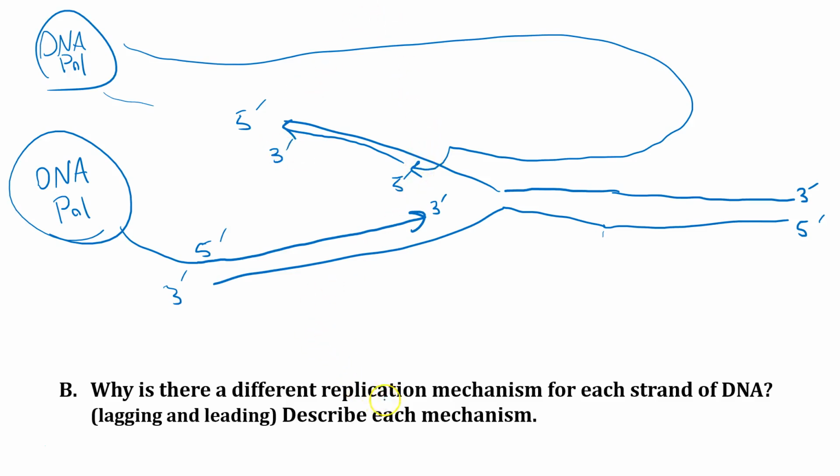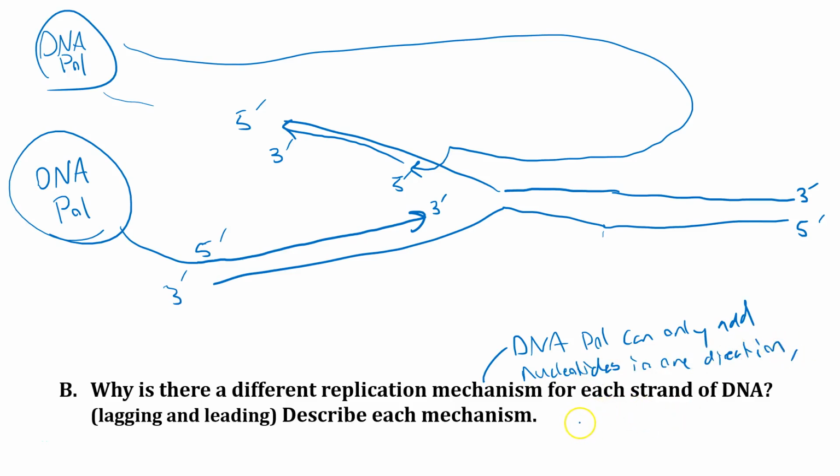So the short answer to this long-winded question is there's a different DNA replication mechanism specifically because DNA polymerase can only add nucleotides in one direction, and unfortunately for us, the two strands of DNA are anti-parallel, meaning there's two strands running in two different directions. And so if you have an enzyme that can only go in one direction, then it's going to require some clever navigating to make that happen.